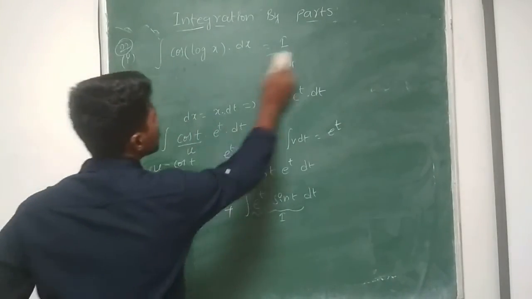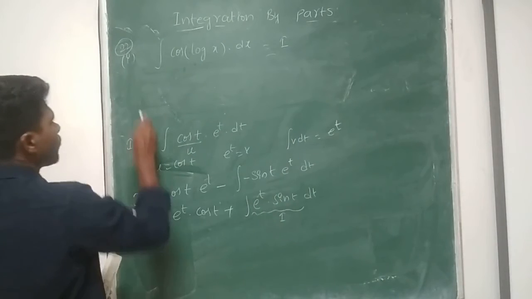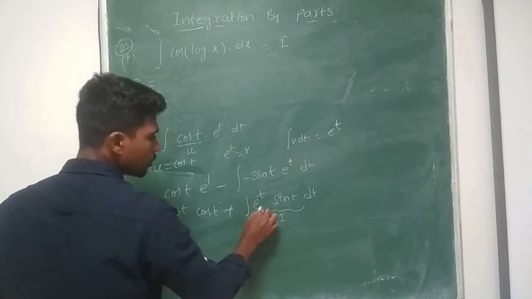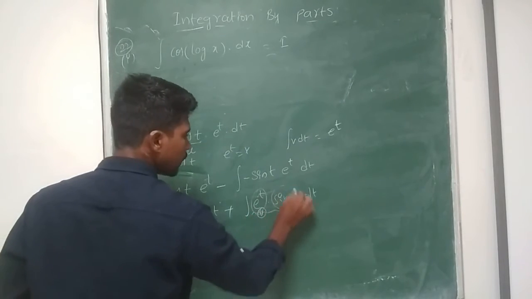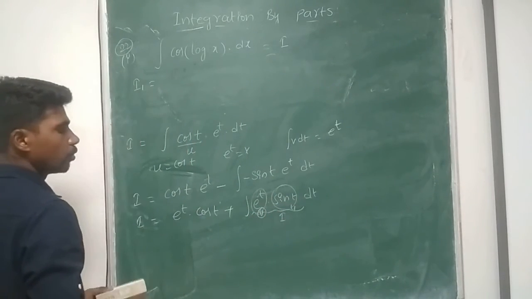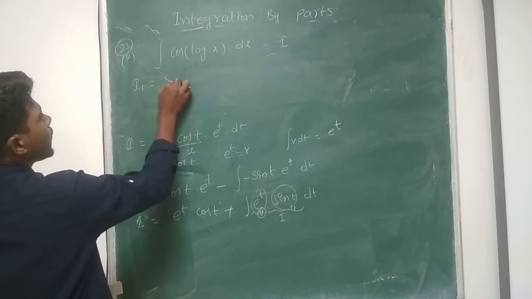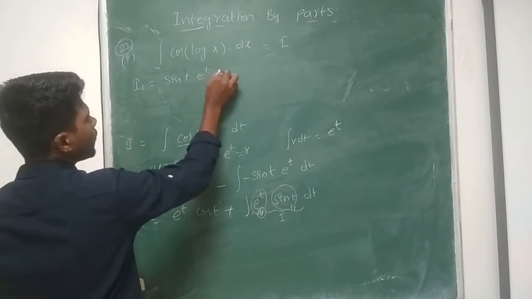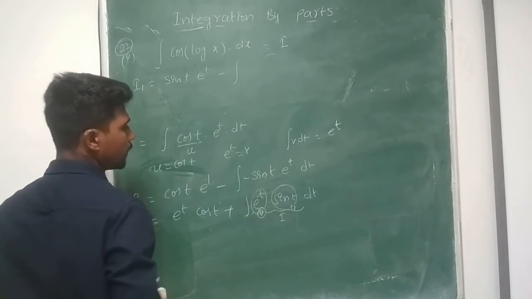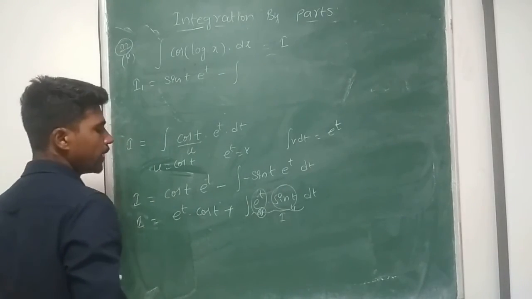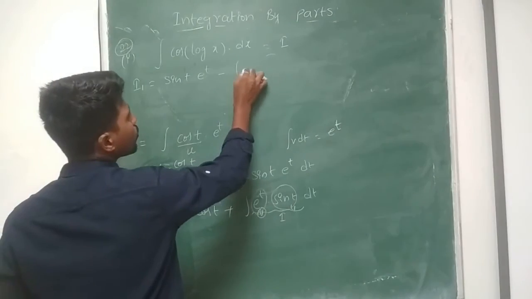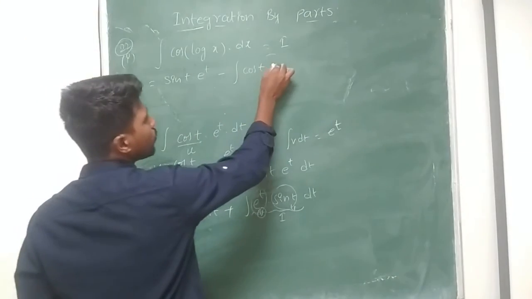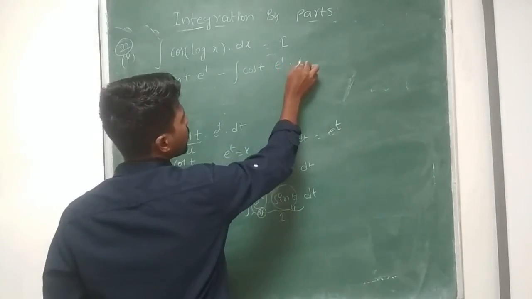Evaluate I1 and replace. So I1 is equal to, now this acts as v and this acts as u. So u into integral v: sin t into integral e power t, which is e power t, minus integral du by dt, the derivative of sin t, cos t, into integral v dt, which is e power t dt.